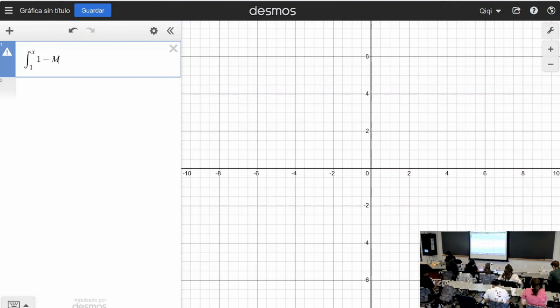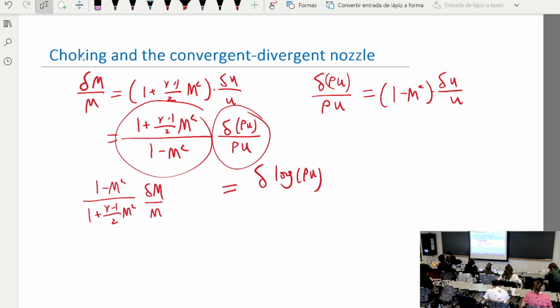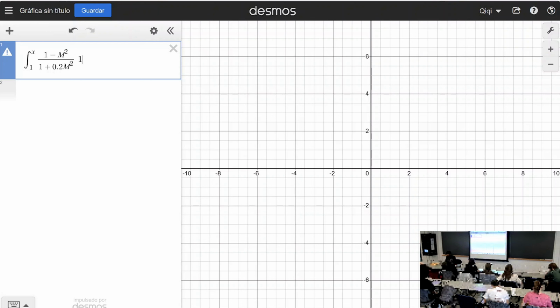1 minus M squared divided by 1 plus 0.2 M squared. 0.2 is because gamma minus 1 over 2 is 0.2. And 1 over M dM. So this is the integral.